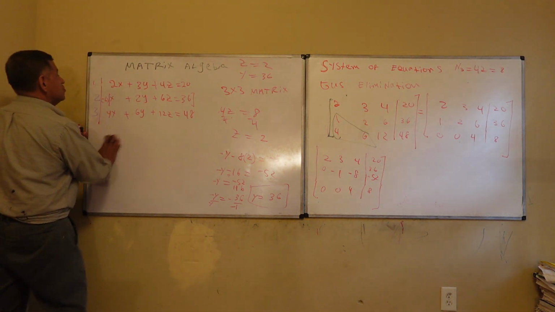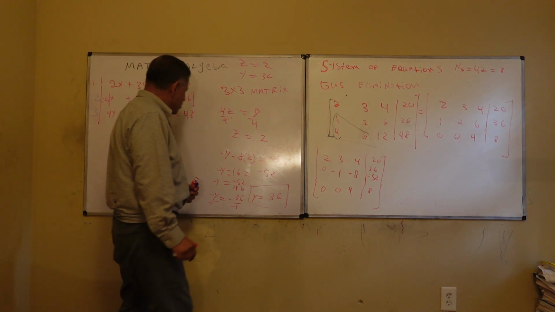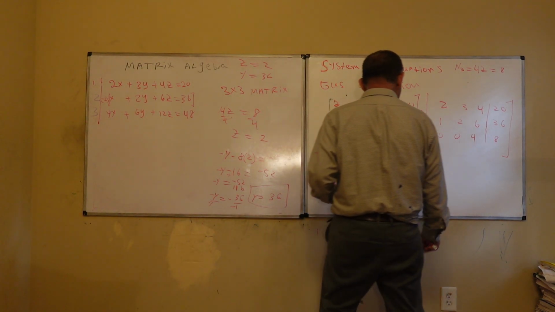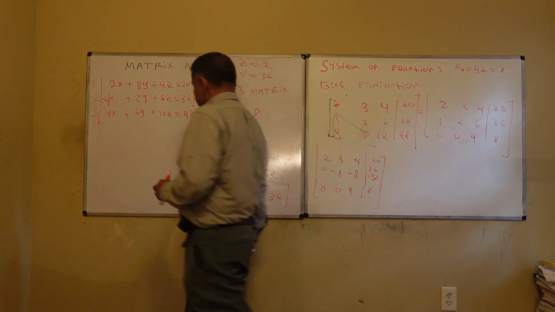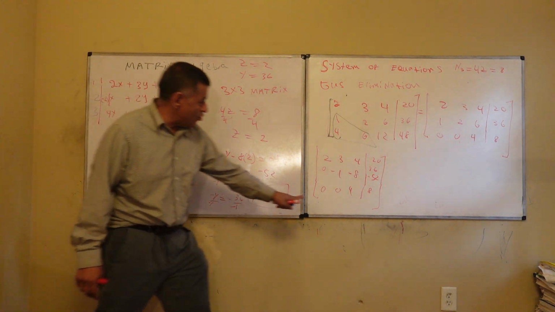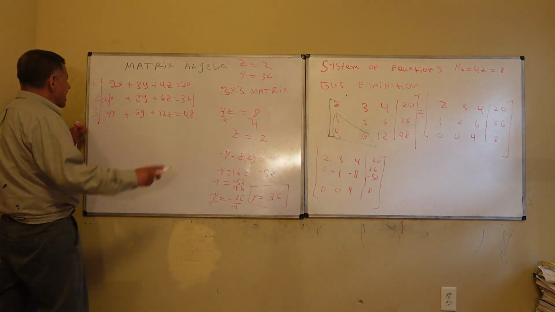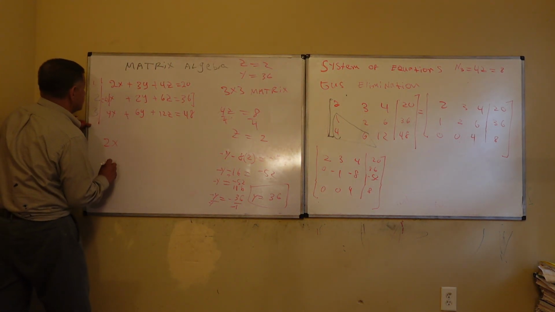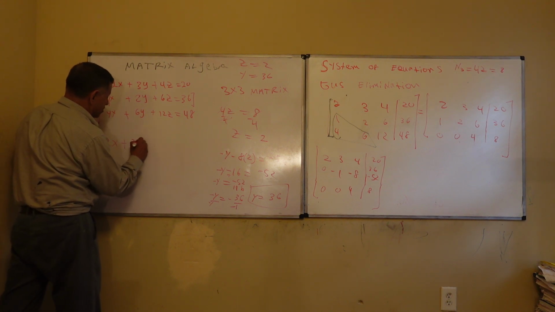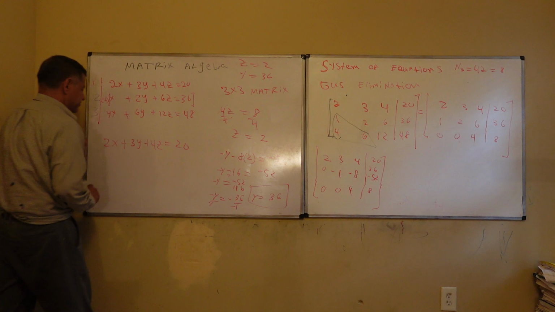To find x, we already used two equations. We had a 0 on it. We already used these two. Now we need to use that one. In that one we have 2x plus 3y plus 4z is equal to 20.